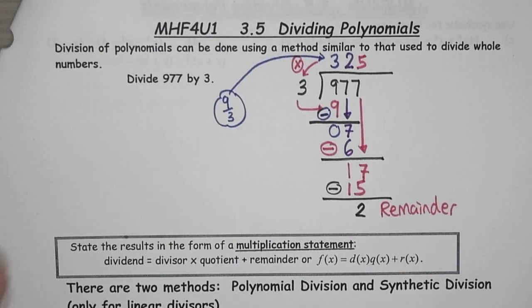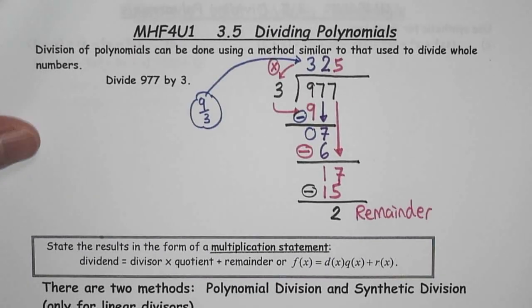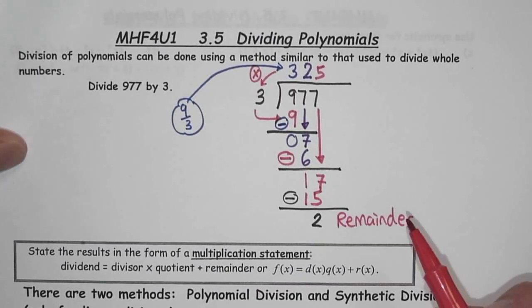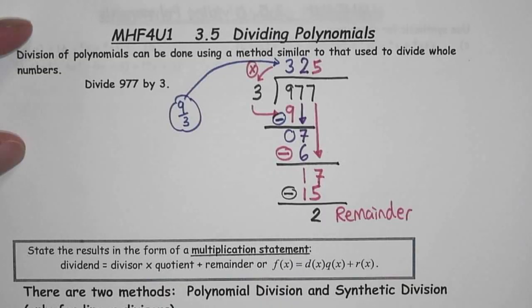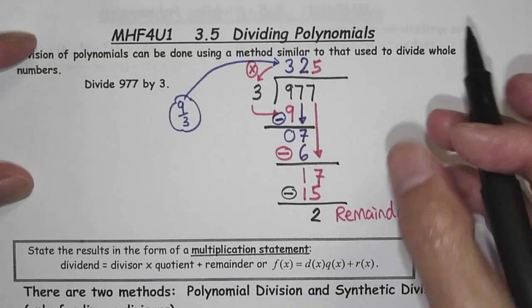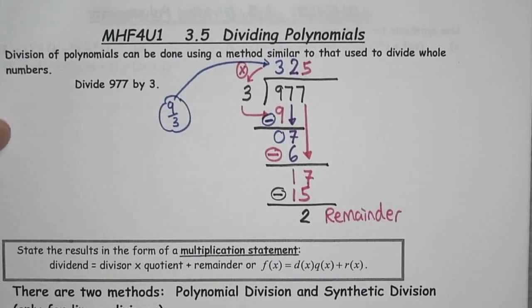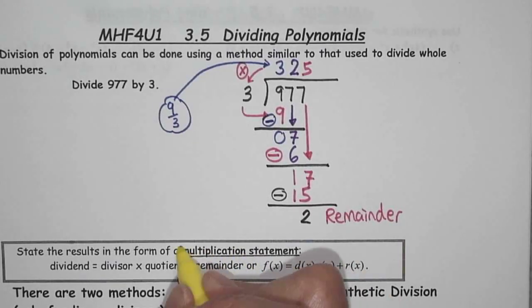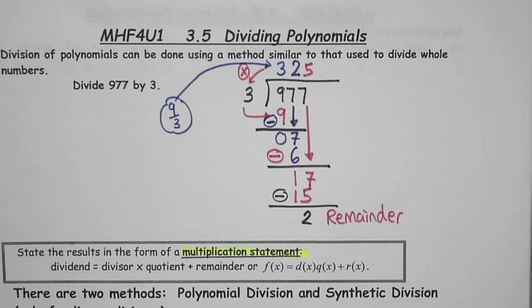Now, I would also sometimes ask you, or elementary school teachers would ask you, to write a multiplication statement to show what you actually found. So your multiplication statement is this.